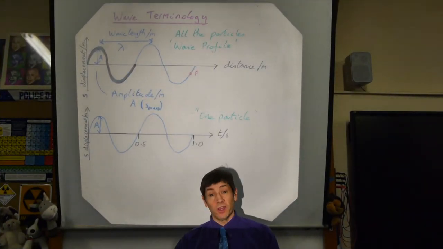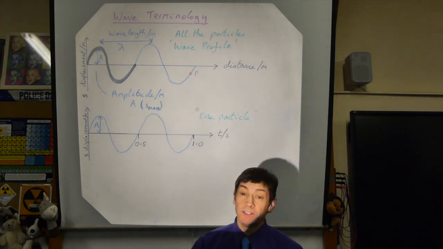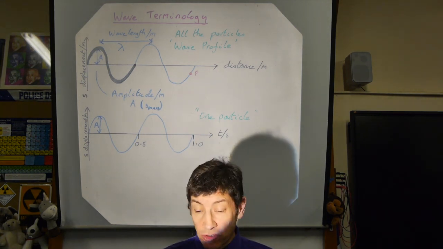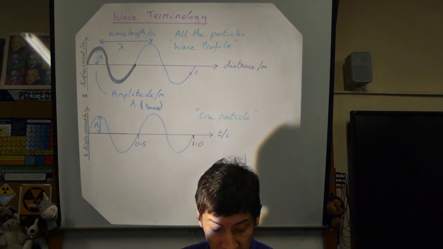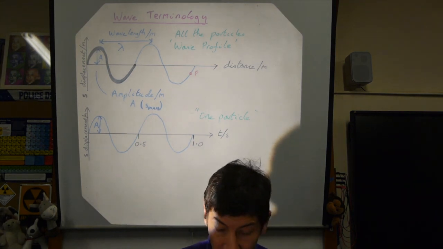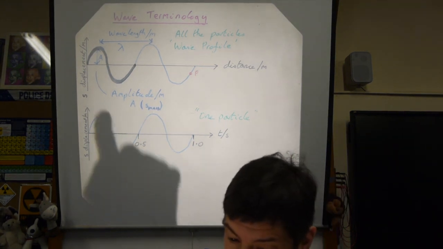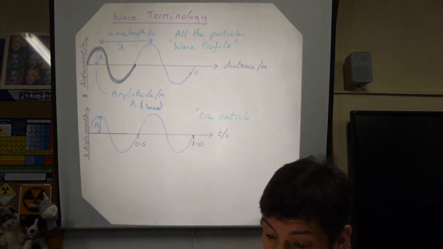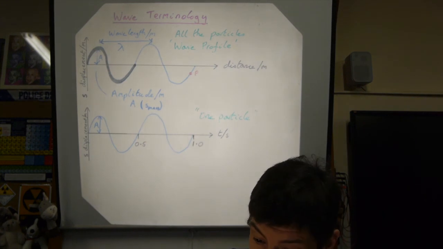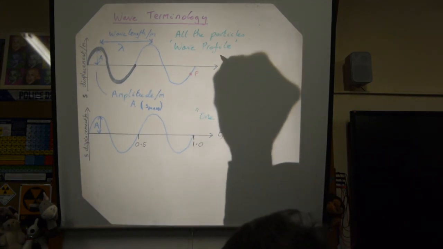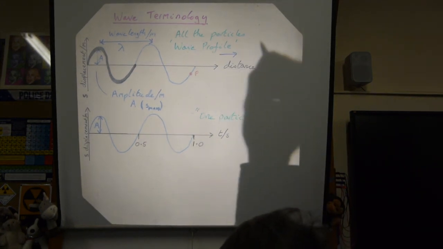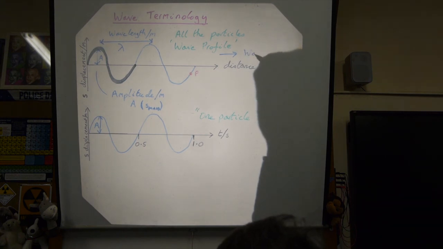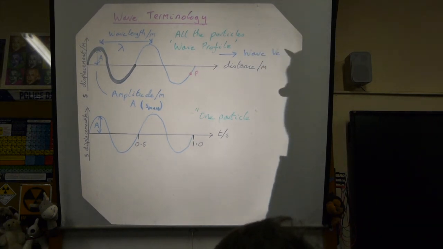So, two really important diagrams of waves there. And what we can do now is drill down a bit further and do a few more terms that we can describe waves with. But before we do, you notice that this wave is travelling along through space? And so I suppose we could put on this diagram that in that direction we're looking at the wave velocity.